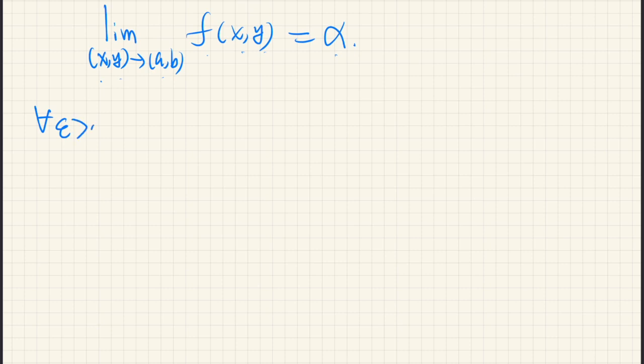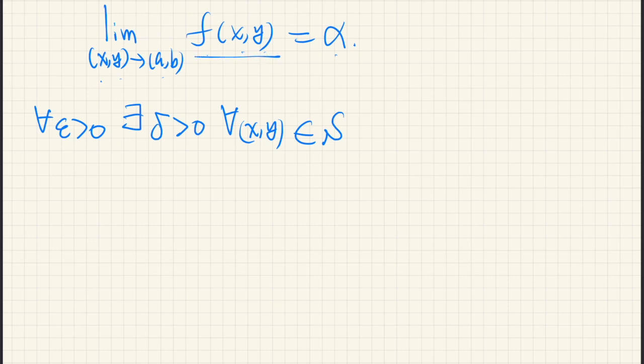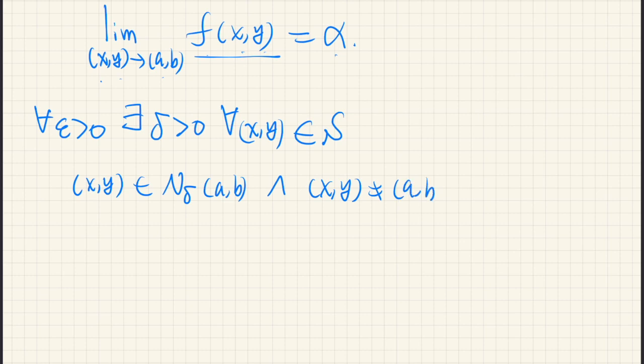For any epsilon that is positive, there exists some delta that is positive, and for all (x, y) that is in the domain of this function, if (x, y) is in the delta neighbor of (a, b) and (x, y) is not equal to (a, b) itself, then the difference between f of (x, y) and alpha is less than epsilon.